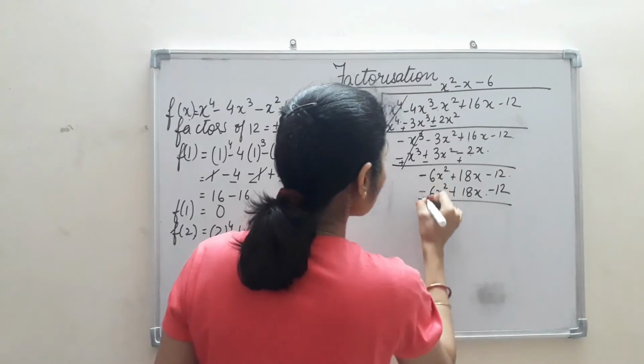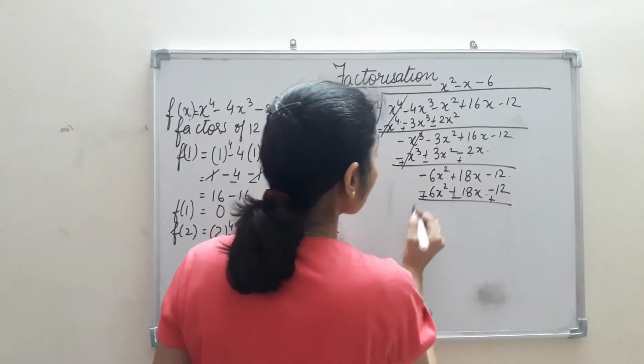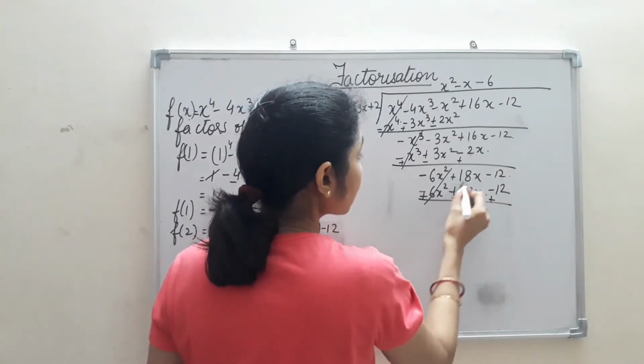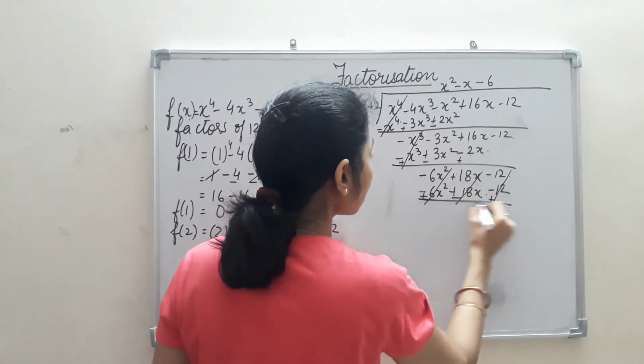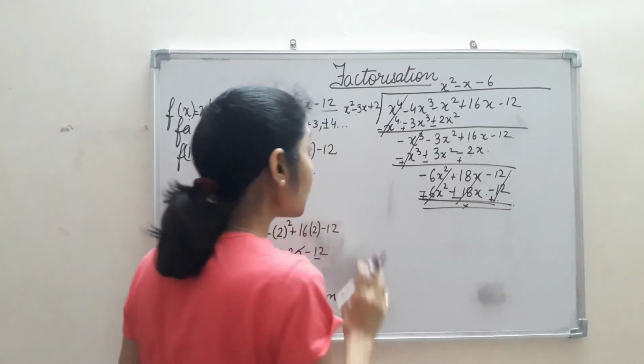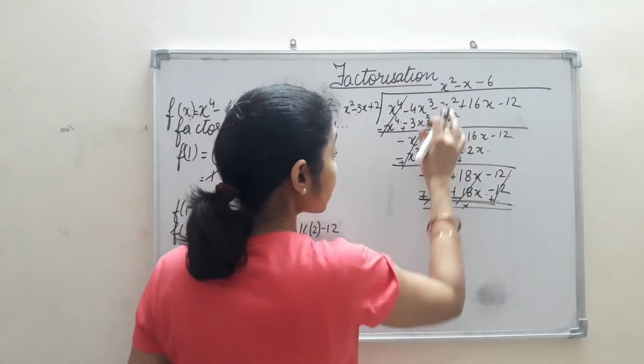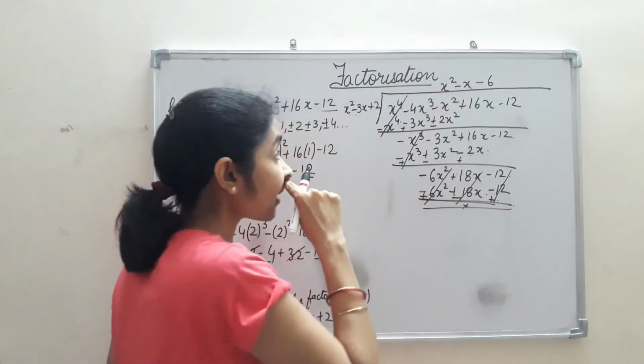Here signs change, positive and negative cancels, positive and negative cancels, negative and positive cancel, so my remainder is 0. So the other factor is x square minus x minus 6.